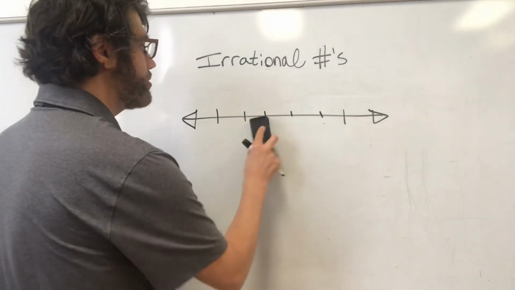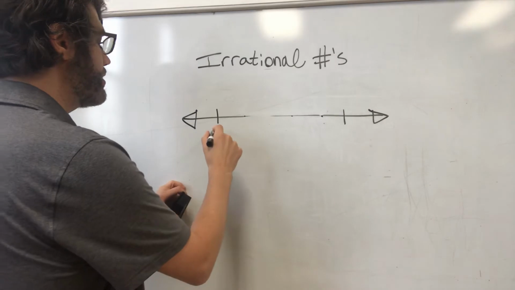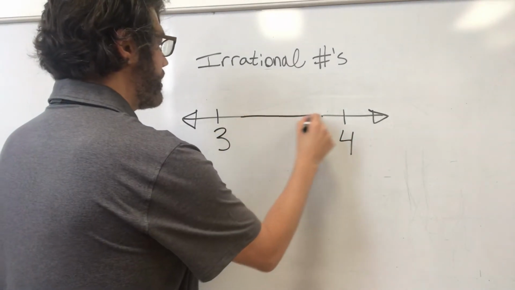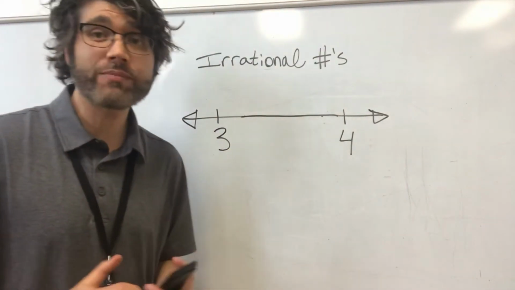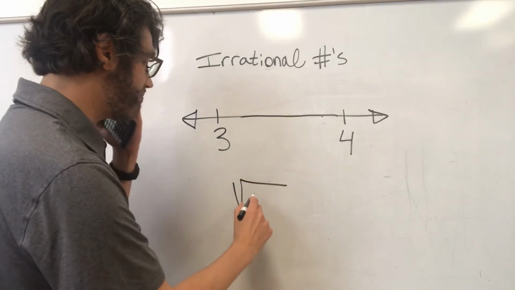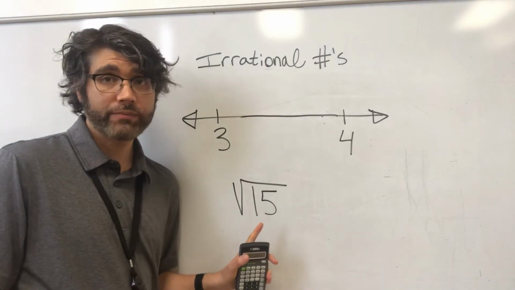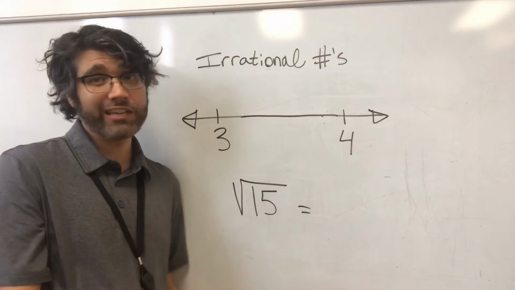Let's say that this was 3 and this was 4. Now we can estimate, even without a calculator, where, say, the square root of 15 is. 15 is not a perfect square, and so the square root of 15 is not going to be perfect.